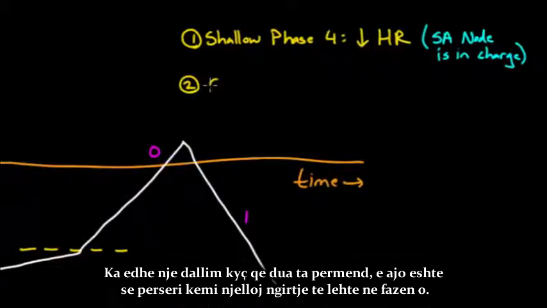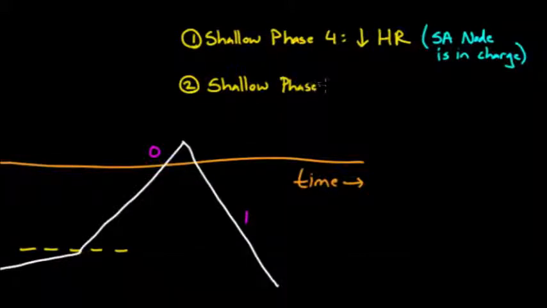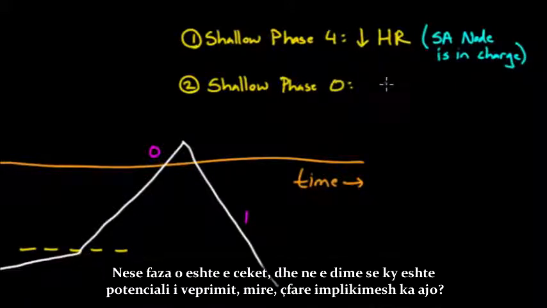And there's one key difference there that I want to point out, and that is that you also have a shallow phase 0. So think about that. If the phase 0 is shallow, and we know this is the action potential, what implications does that have? What does that mean?